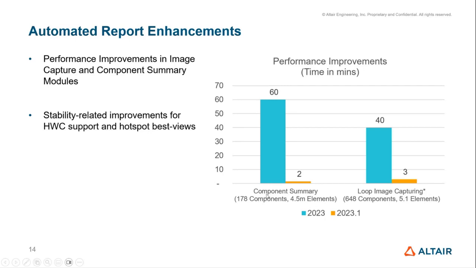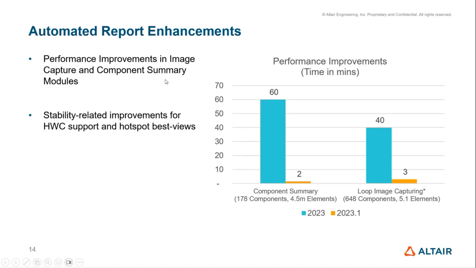We took some time to realize where we can fix some gaps, and now even with models that are, let's say, about 5 million elements big with almost 200 components, where we used to almost hang the product, we are taking less than 2 minutes to finish the reporting for component summary, which also includes getting the list of components, the material assignments on them, or the thicknesses. It has really changed the game for big models where we used to see some limitations earlier.